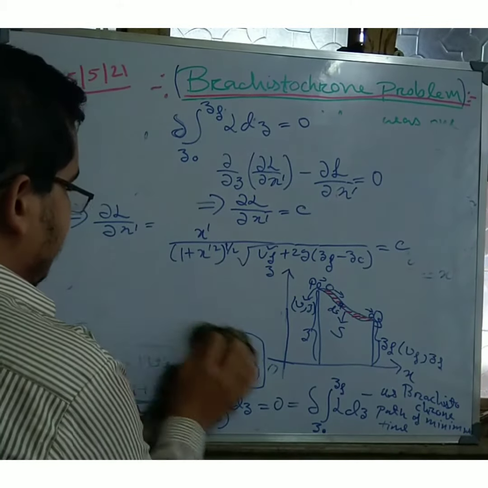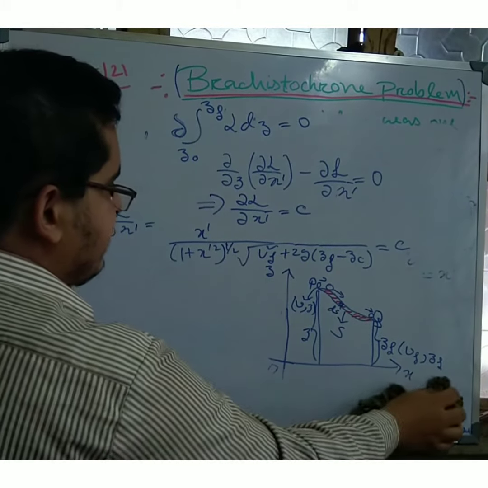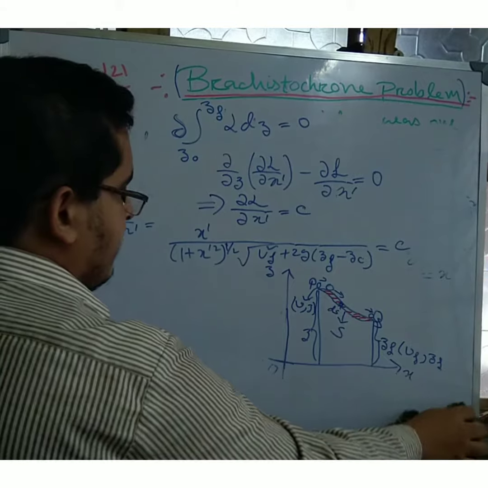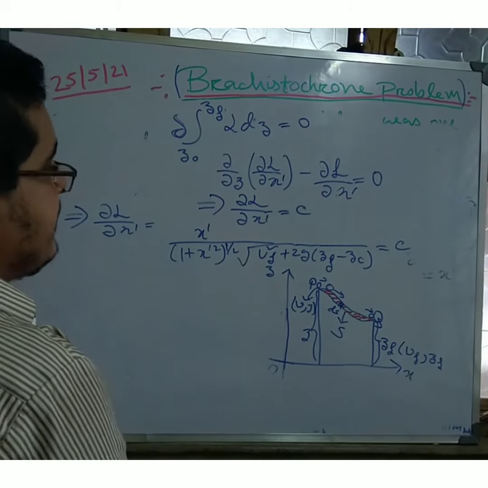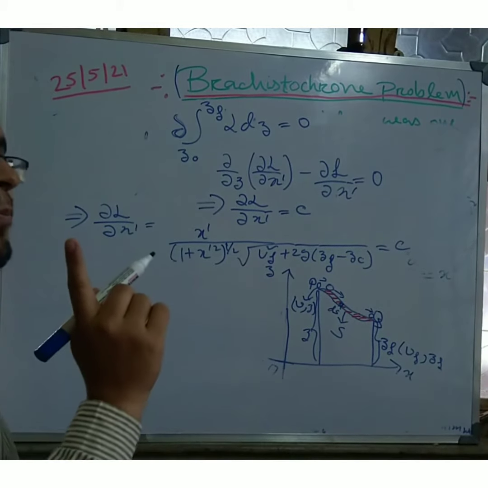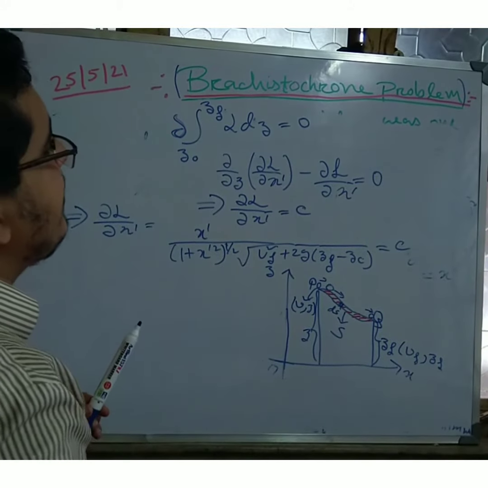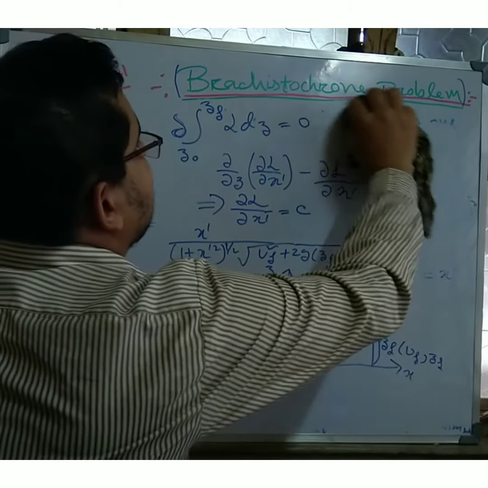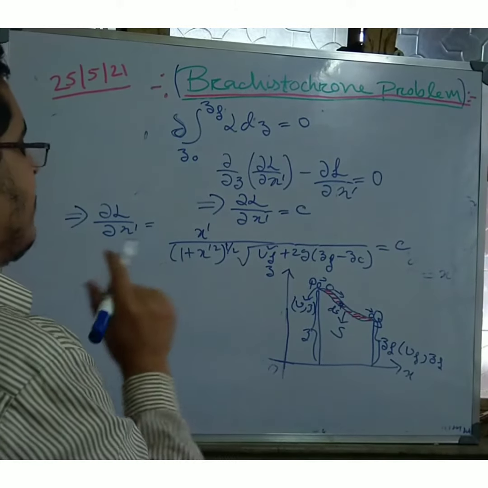And now I remove this. This is just simple calculation. Actually, mathematics and physics both are equal, but physics does not exist if it cannot be expressed with mathematics. So this is the main matter. This is the theory. We know the Brachistochrone problem is one kind of theory, but it should be expressed by mathematics. Mathematics helps physics problems.